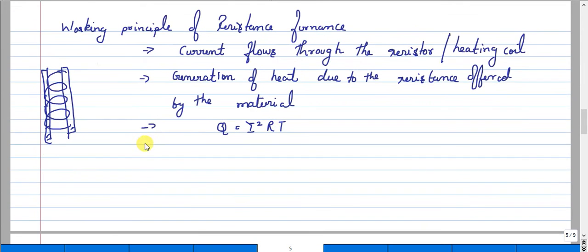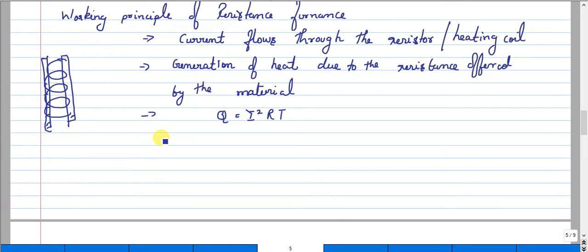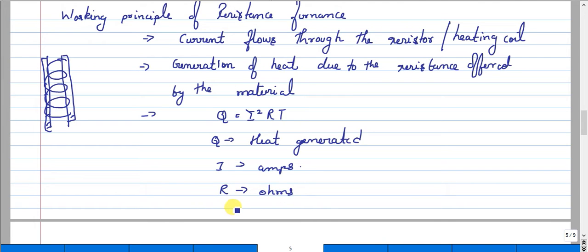What is this Q? Q is nothing but the heat generated, the rate of heat generated, whereas I is your current in amps, R is the resistance, the unit is ohm, and T is the time, which is in seconds.